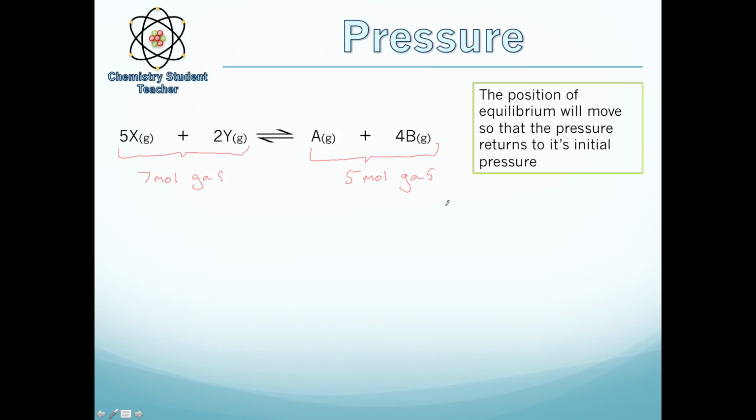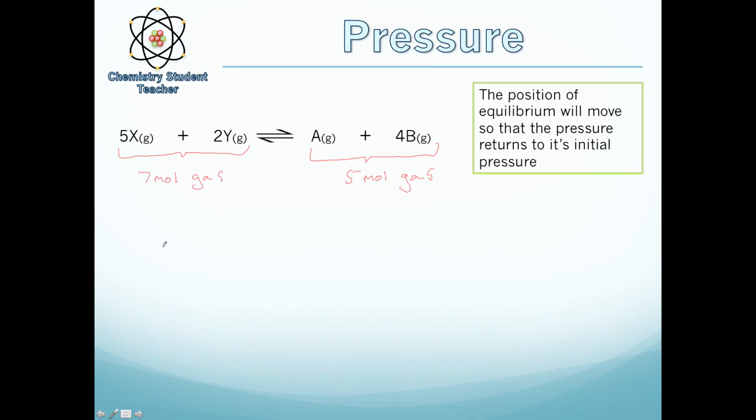Now, pressure is defined as the amount of molecules hitting the surface of your container per second, or per time. And because of this, we've got 7 moles of gas on the left, 5 moles of gas on the right, creating a pressure.